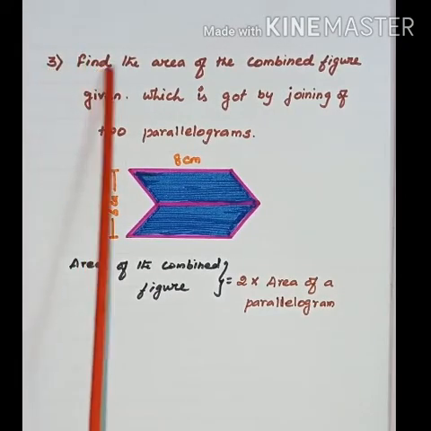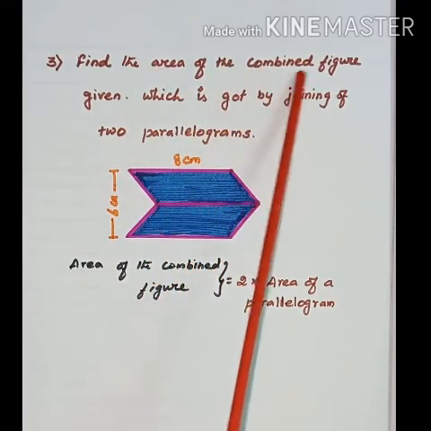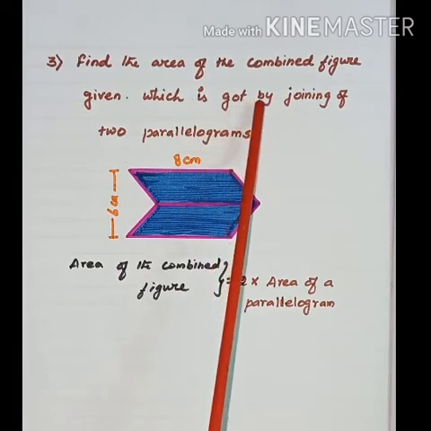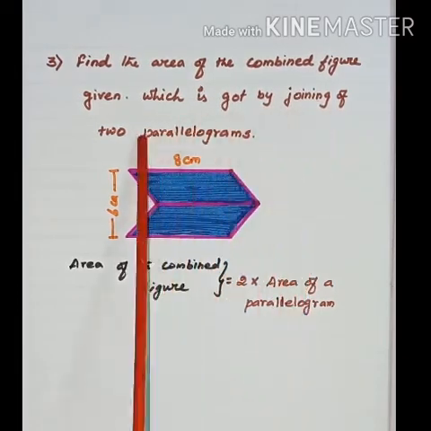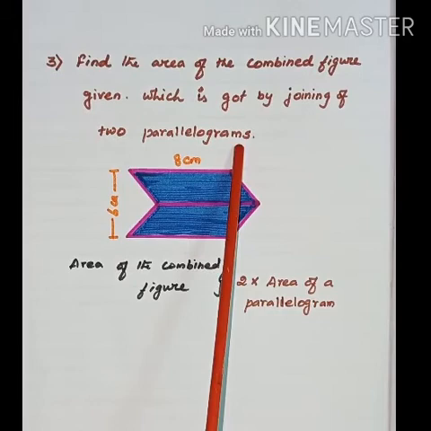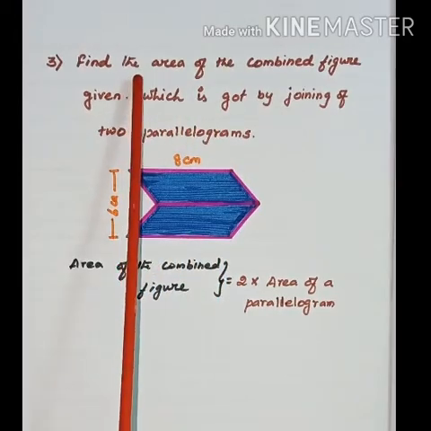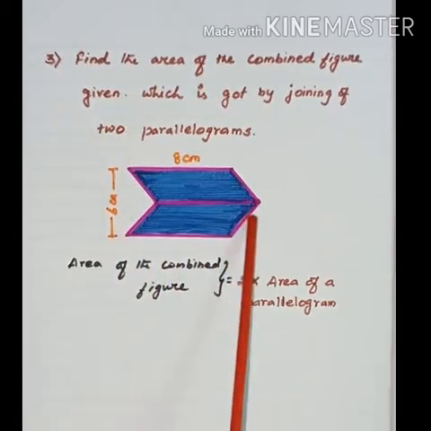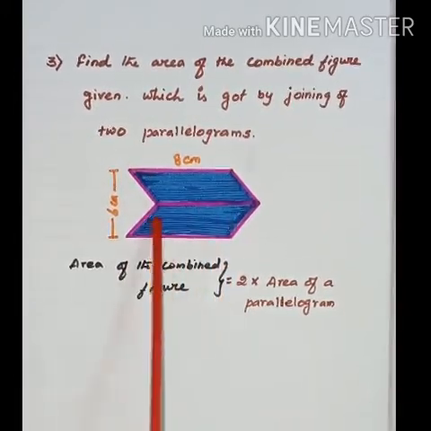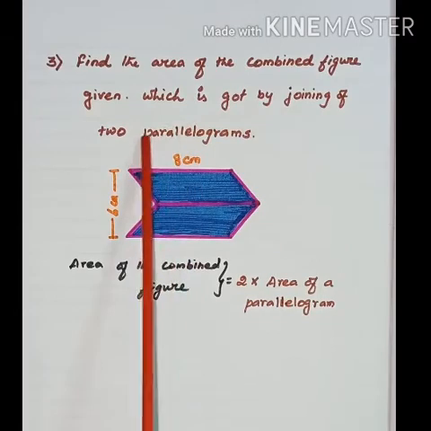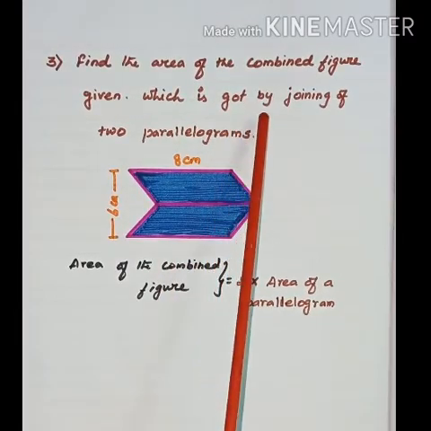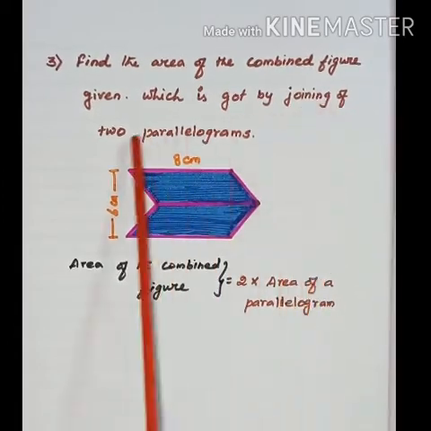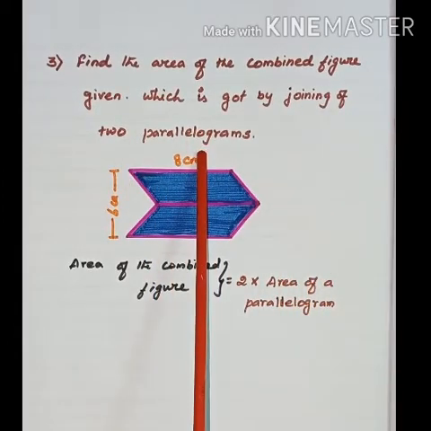Third sum is, find the area of the combined figure given, which is got by joining of two parallelograms. See, in this question itself they have given this combined figure is formed by joining of two parallelograms.